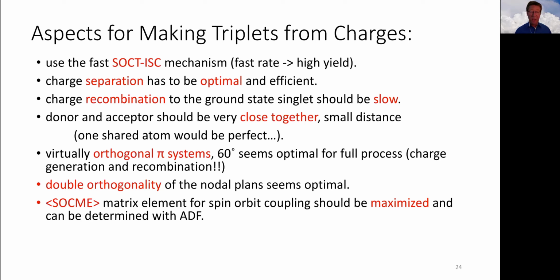And we have this secondary orthogonality of the nodal plane. So that seems to be an optimal aspect. And furthermore, we can try to have more grip on this matrix element for spin-orbit coupling, as we can probe it with calculations.